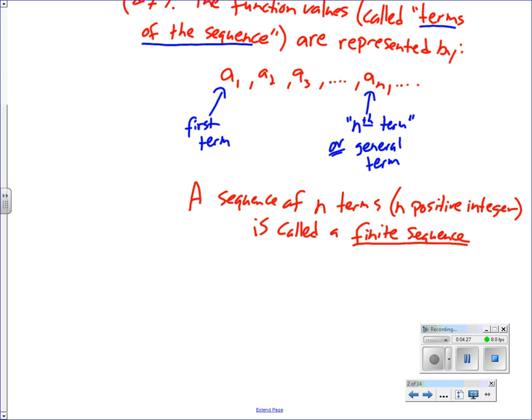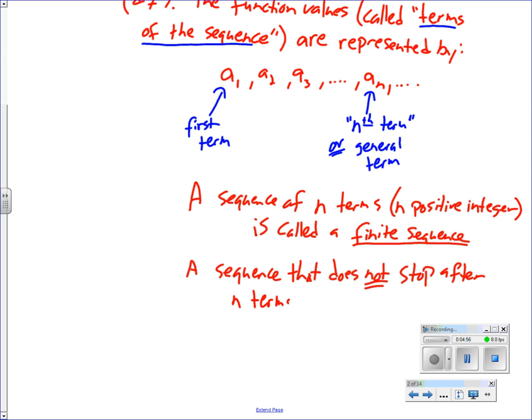A sequence that doesn't stop at n terms, just keeps going, is called an infinite sequence. So, a finite and infinite sequence.